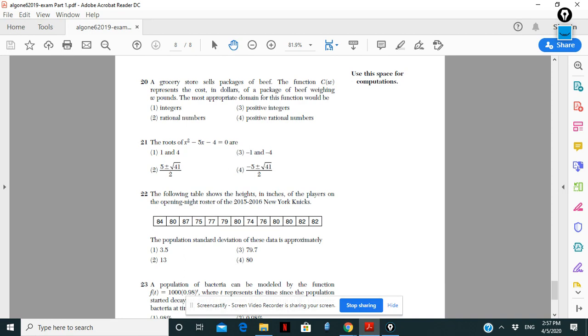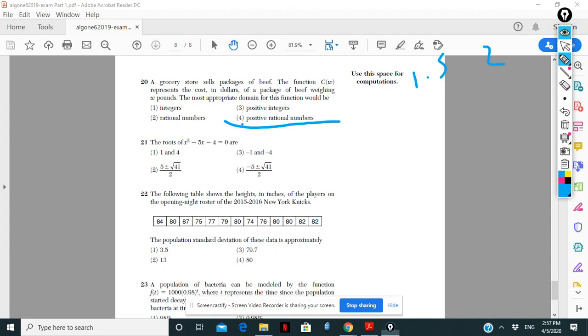The most appropriate domain for this function would be integers, rational, positive integers, or positive rational numbers. So it's going to be positive rational, because I might have a fraction, for example, 1 pound and a half, and if it's an integer, I'm not going to have a fraction. When I talk about rational numbers, it means I have fractions. So the answer is number 4.